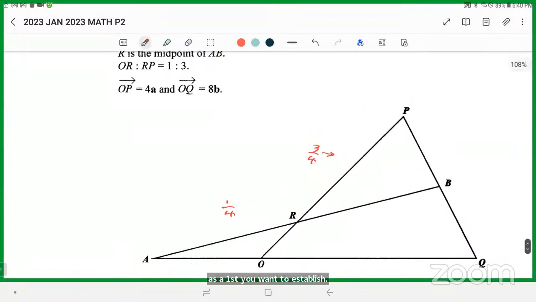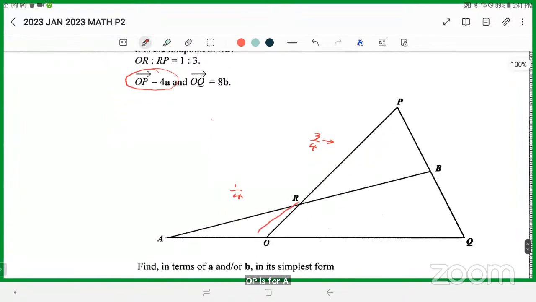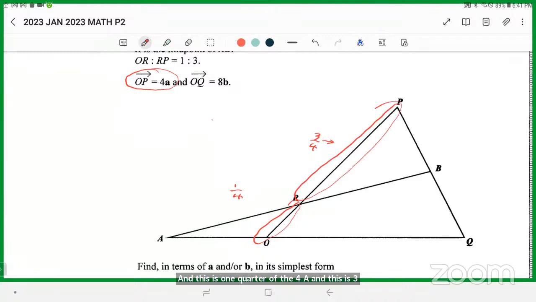Then it tells us, and gives you nice numbers as well, that OP is 4A. Now this is 1/4 of the 4A, and this is 3/4 of the 4A. So it breaks that 4A nicer for us into A plus 3A.